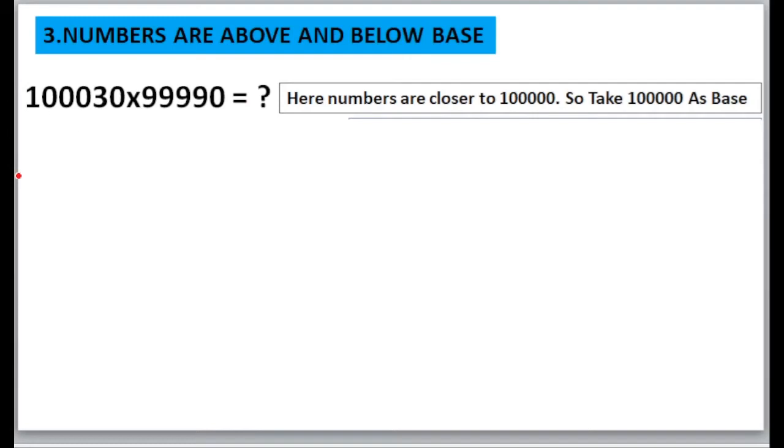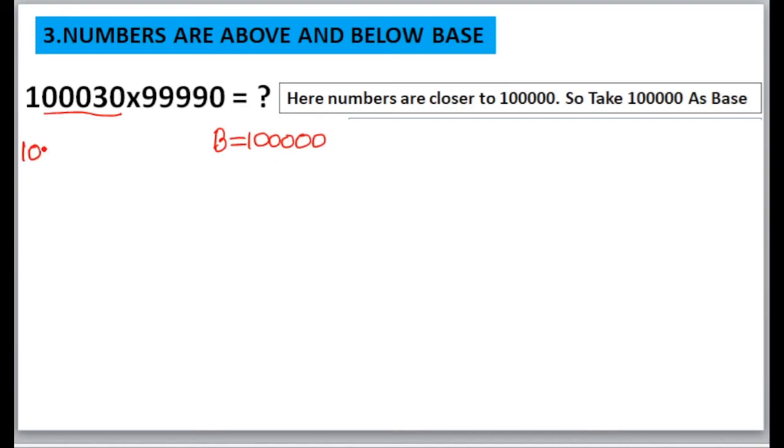it's a bigger number, that is 1,30,000 into 99,990. Here you have 5 zeros, that is base is 1 lakh. Base is 1 lakh.